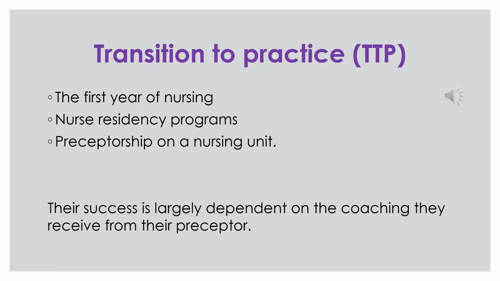So a nurse residency program is there to help transition them through that first year. And so the first piece of that is a preceptorship with you on the unit. And then their success is largely dependent on the coaching that they receive from you, how you socialize them to the unit, how you welcome them into the fold, validate their skills, show them how to communicate with the greater team.